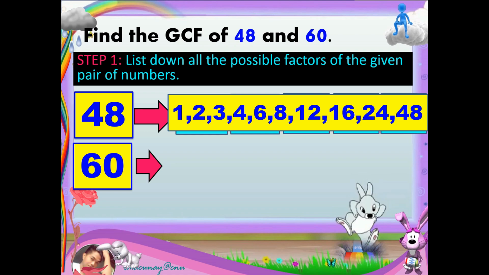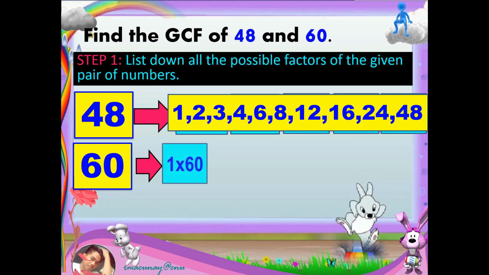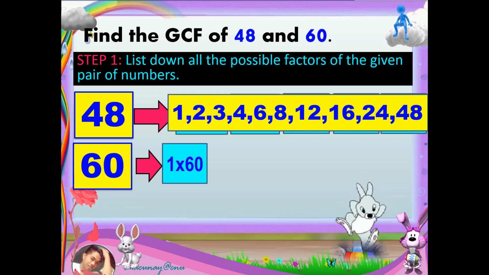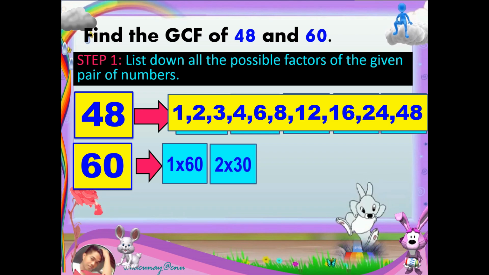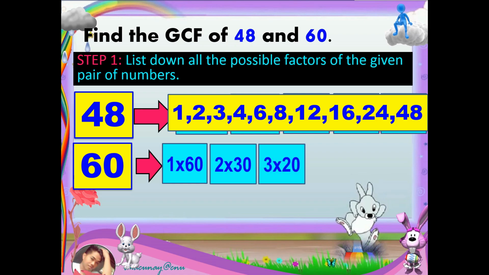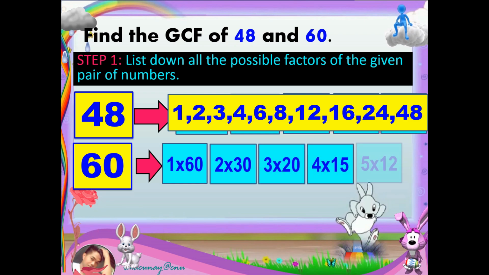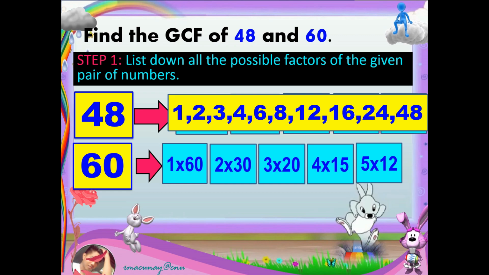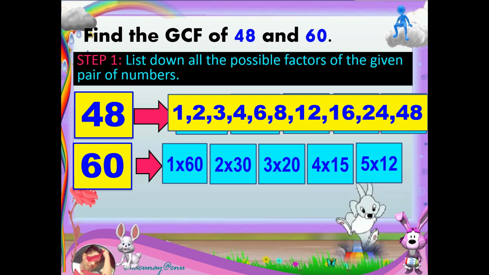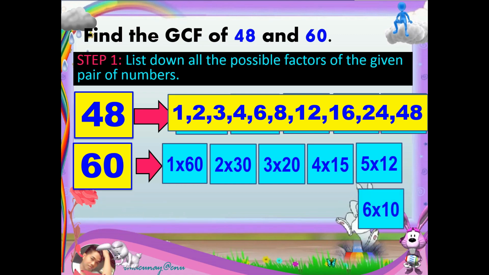Let's move to 60. Again, I've already mentioned earlier that the first two factors of any number is number 1 and the number itself. So we have 1 times 60. 60 is also divisible by 2, so we have 2 times 30. 3 times 20. 4 times 15. 5 times 12, that is also equal to 60.